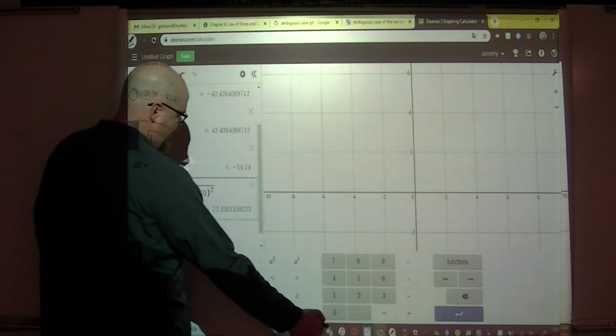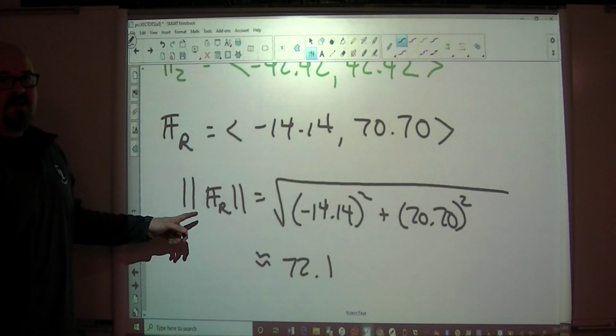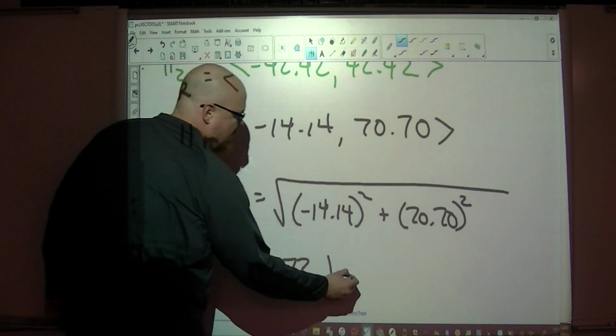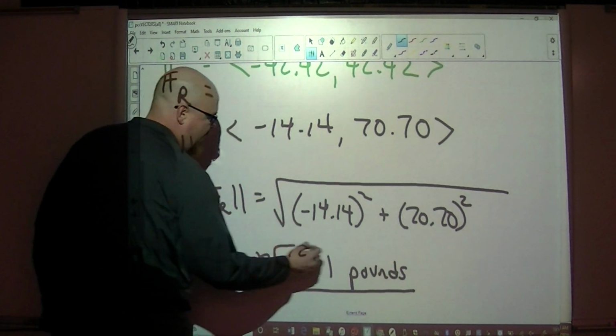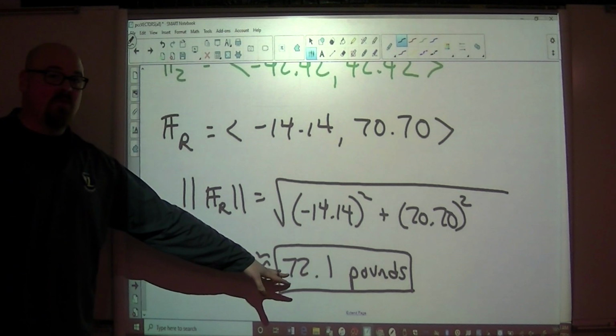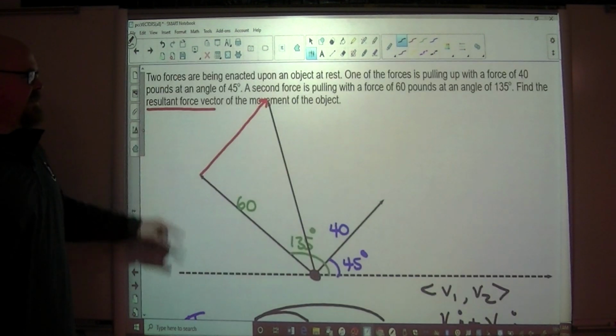Right, 72.1, yes, 72.1. And since this is a magnitude measurement, and for forces, magnitude is pounds. Okay, now, before we go any further, let's verify that. 72 pounds worth of force. I suppose that makes sense, doesn't it?